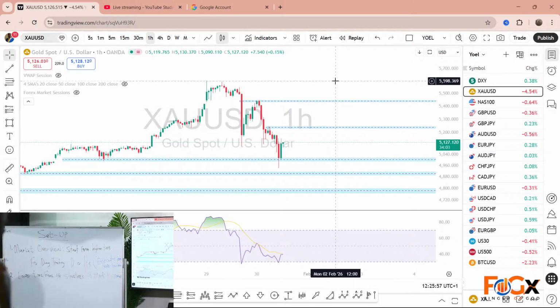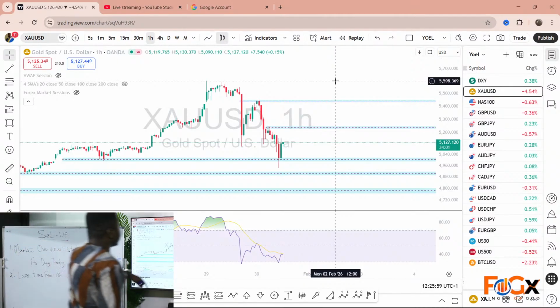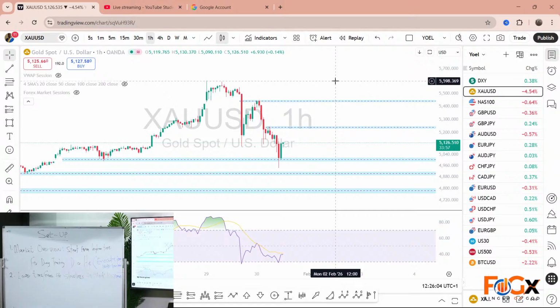So why am I marking these areas? If you look at previously, remember, technical analysis, always look to your left. What has just happened? What recently happened? You don't need to go too far. As a day trader, don't go too far. Just look at what just happened. So now, look at here.